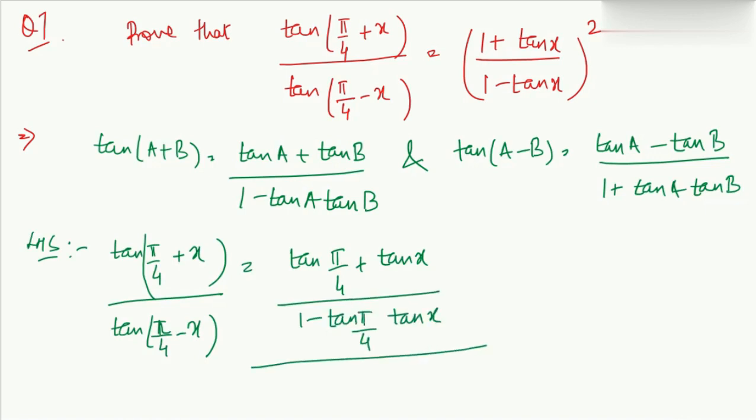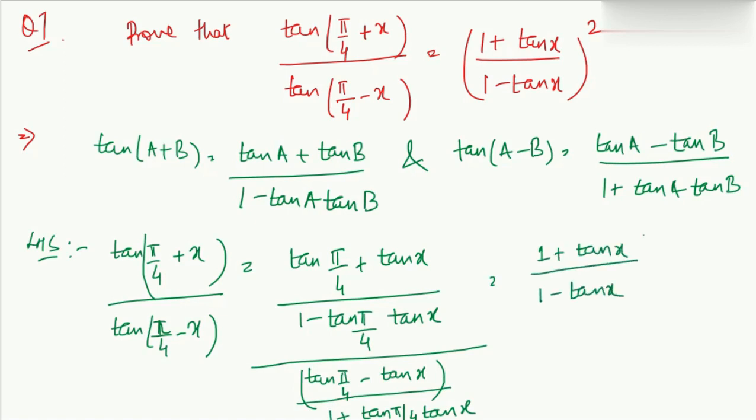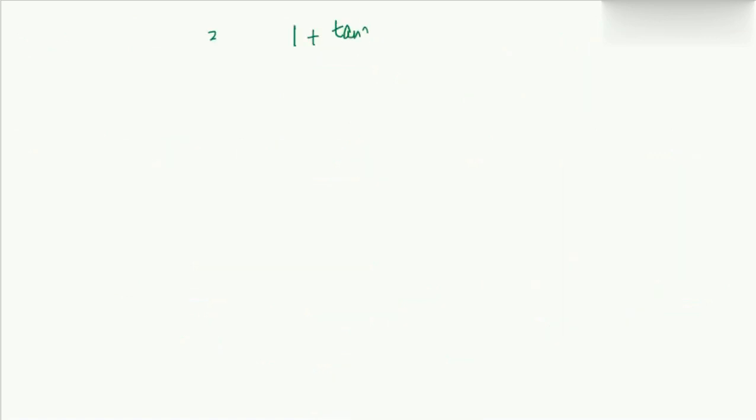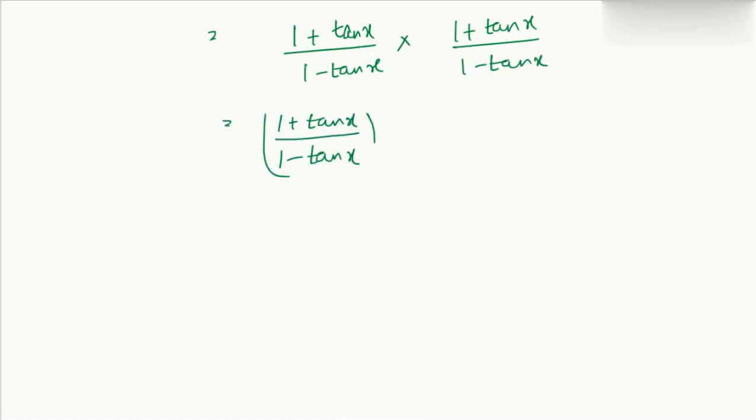Tan π/4 + tan x upon 1 − tan π/4 tan x divided by tan π/4 − tan x upon 1 + tan π/4 tan x. So tan π/4 is 1, we know. So in the numerator we will get this, and in the denominator we will get this. Rearranging the terms, we'll get ((1 + tan x) upon (1 − tan x)) whole square, which is the right hand side, and hence proved.